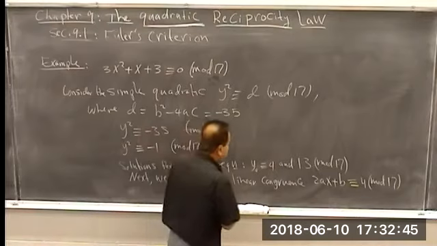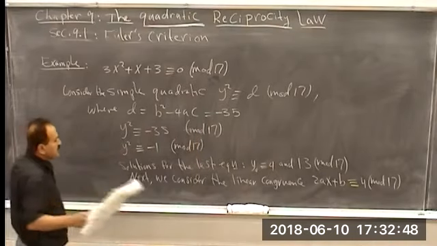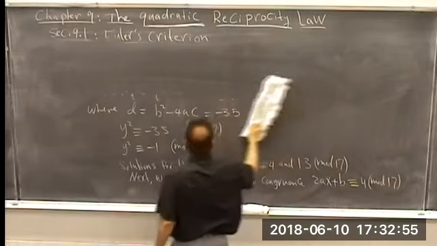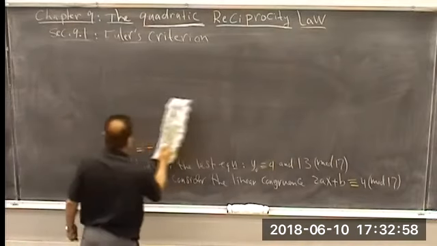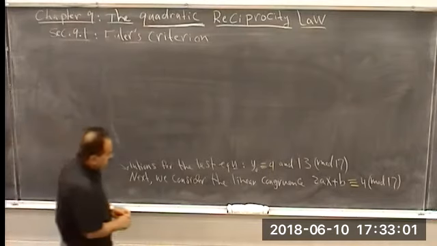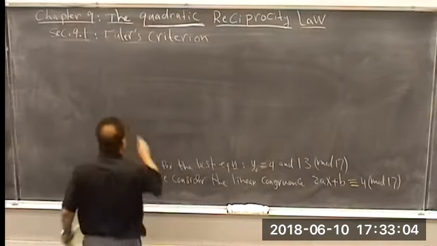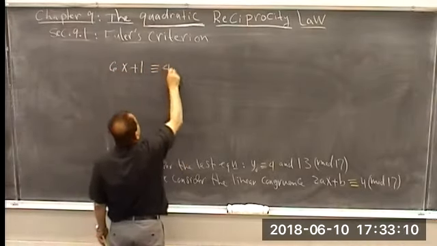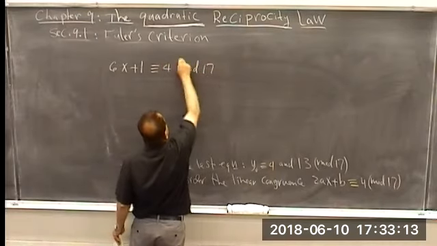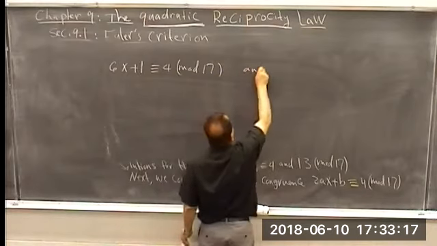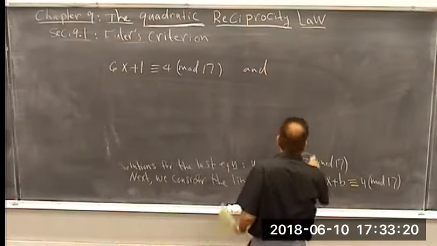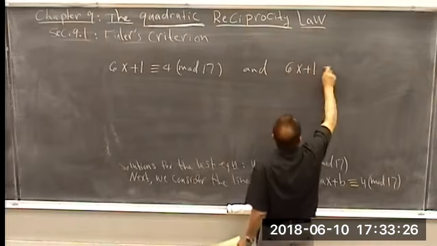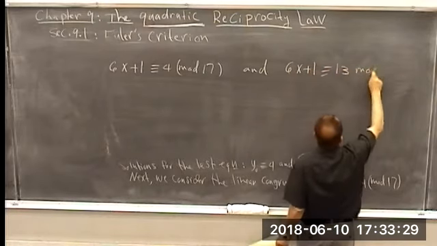In this equation, a is equal to 3 and b is equal to 1, so the linear congruence becomes 6x plus 1 congruent to 4 mod 17, and the other one, which corresponds to 13, is 6x plus 1 congruent to 13 mod 17.